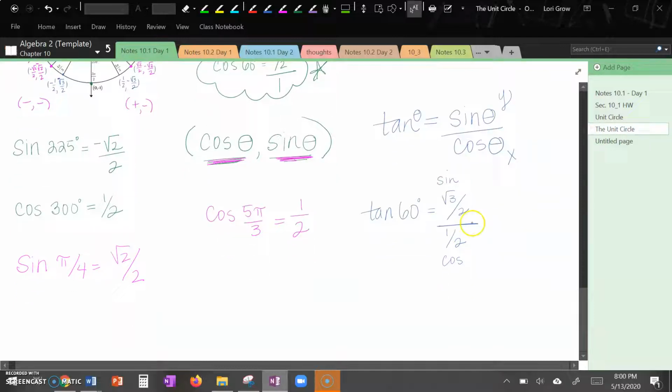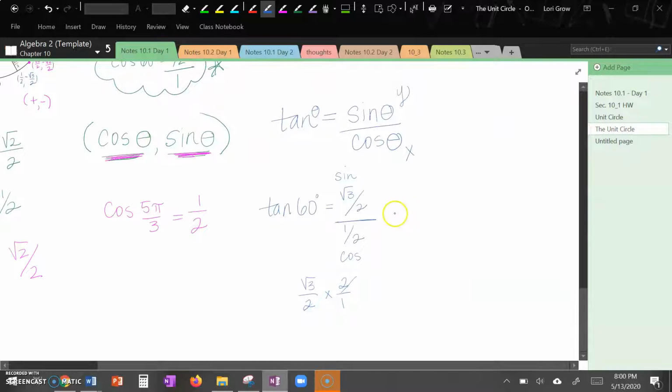And if you reduce that down, basically those 2's disappear. But you can think to yourself, you're doing root 3 over 2, and you're dividing by 1/2, which is multiplying by the reciprocal. And so the 2's cancel. So what you find out is that the tangent of 60 degrees is just root 3. These 2's cancel, and you get root 3.